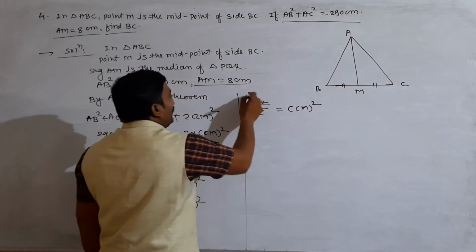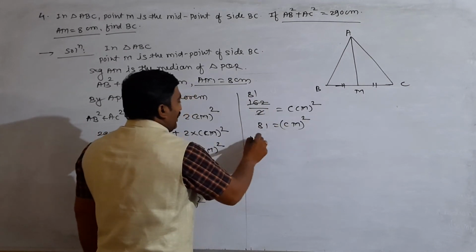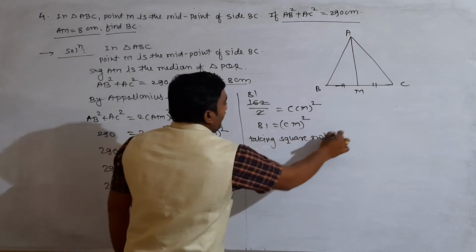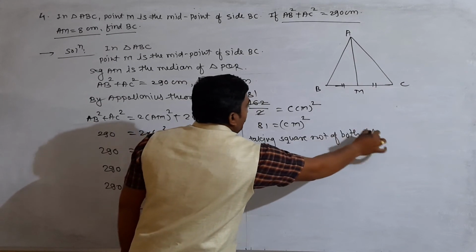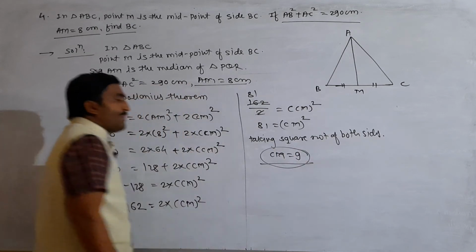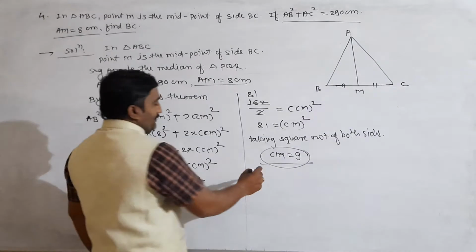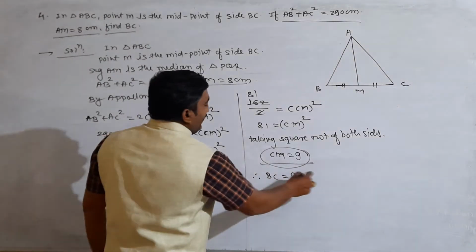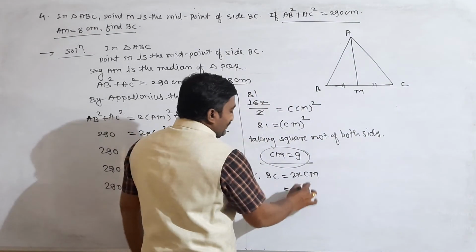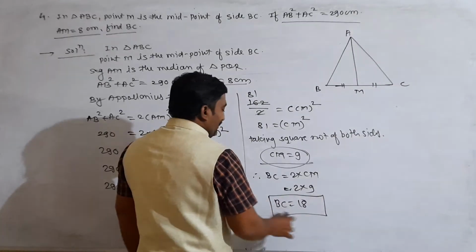So 81 is equal to CM square. Therefore, taking the square root of both sides, CM is equal to 9. But we have to calculate the value of BC. Therefore, BC is equal to 2 into CM because M is the midpoint of BC. So 2 into 9 is 18. BC is equal to 18 centimeter.